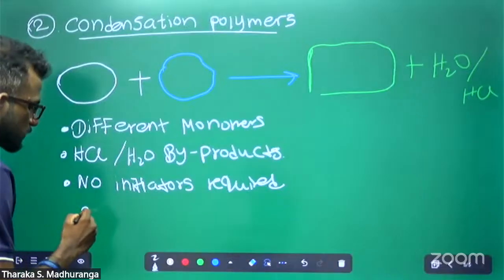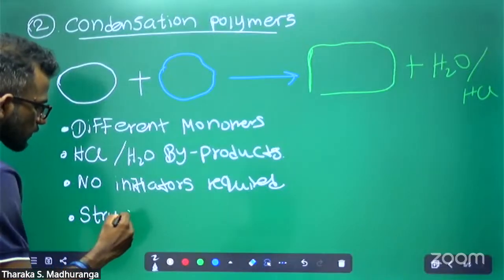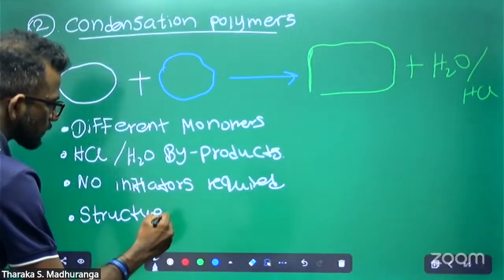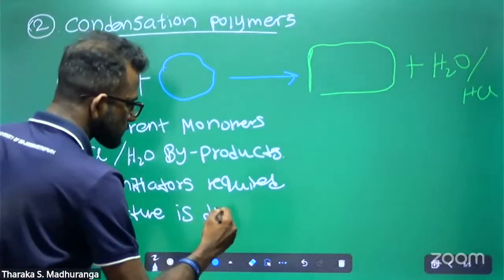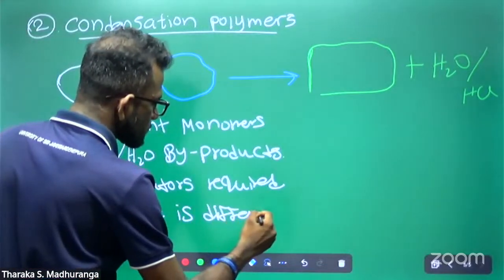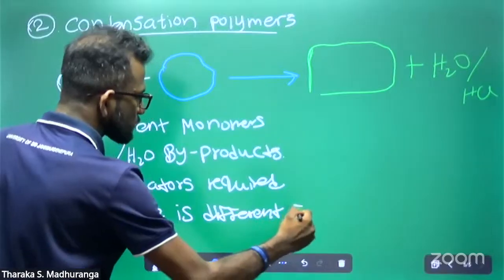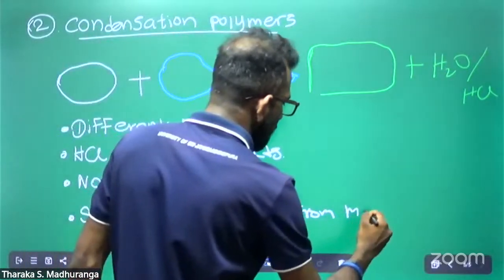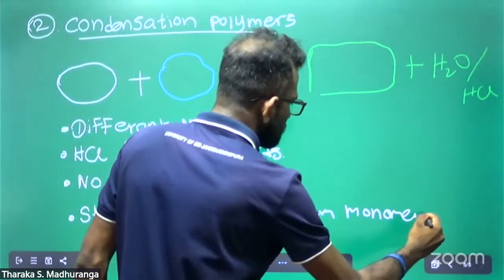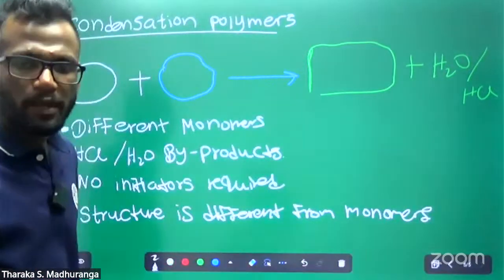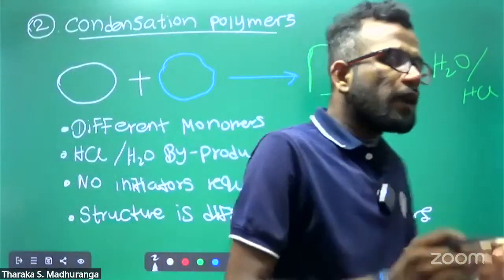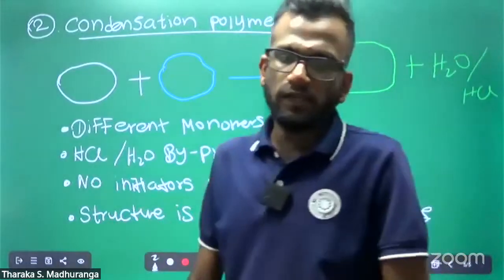Therefore, the structure is different from the monomers. Okay, that's the main difference between addition polymers and condensation polymers.